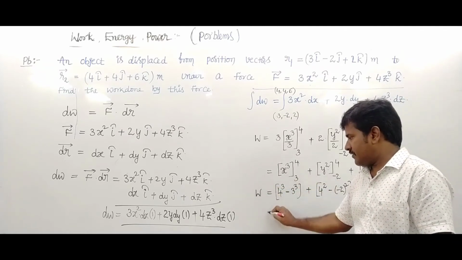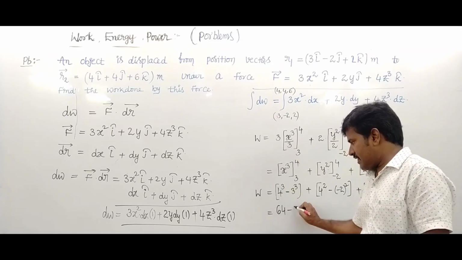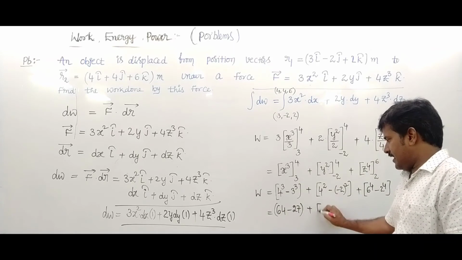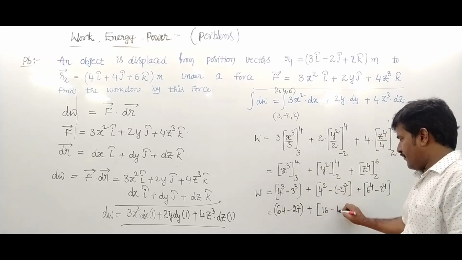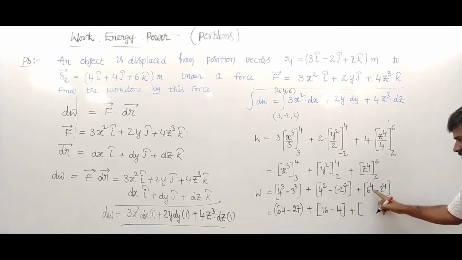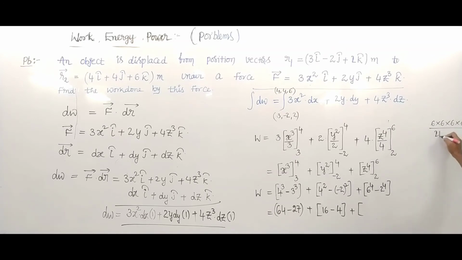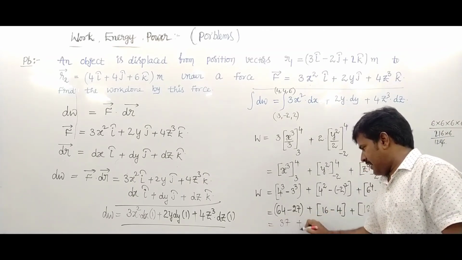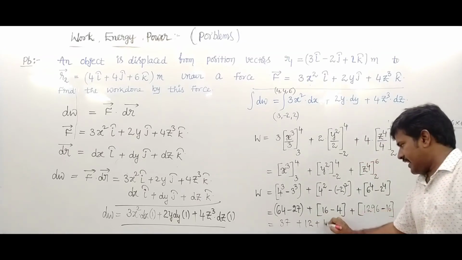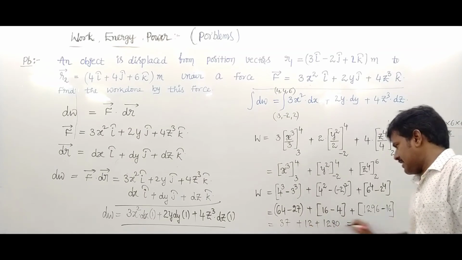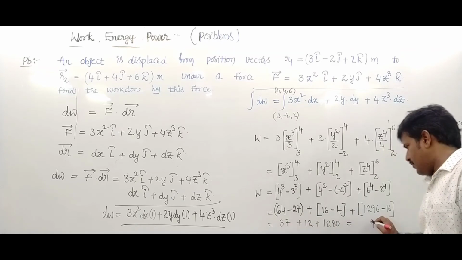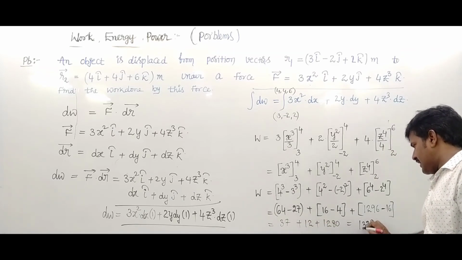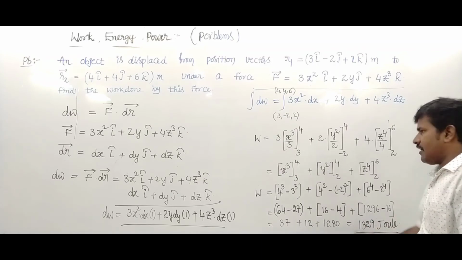The total work done is 64 minus 27 plus 16 minus 4 plus 6⁴. 6⁴ is 216 times 6, which is 1296, minus 16 gives 1280. Adding 37 and 12 gives 49, so the final value becomes 1329 joule. This is the work done value.